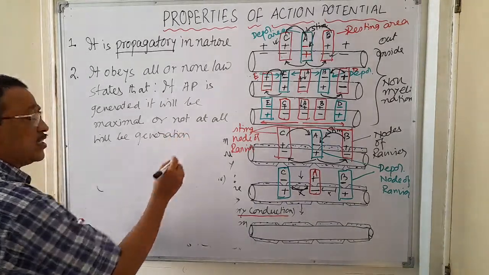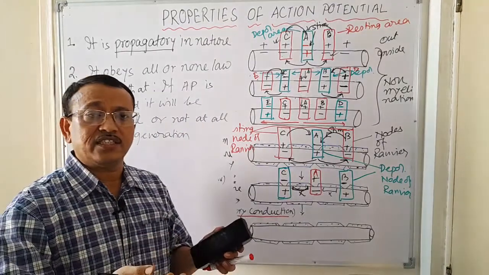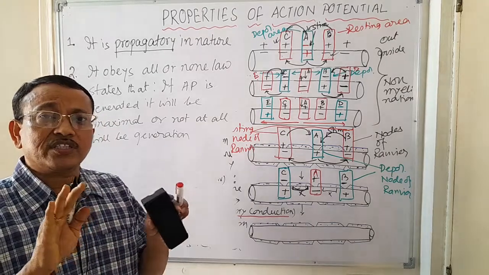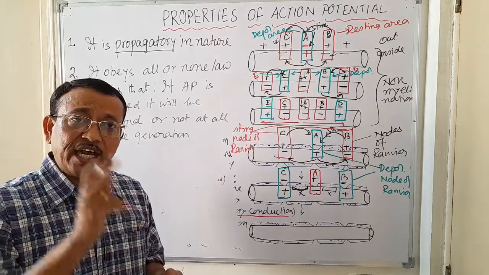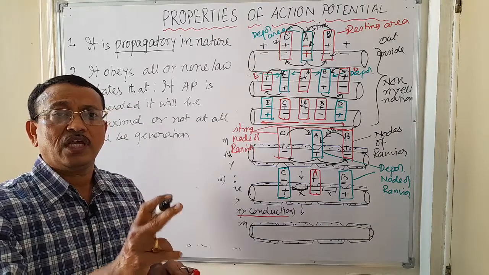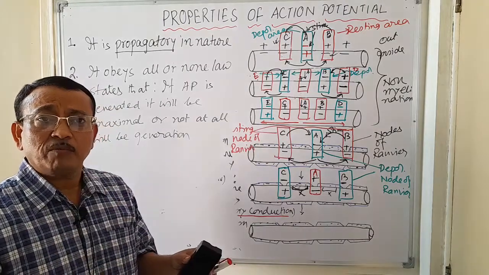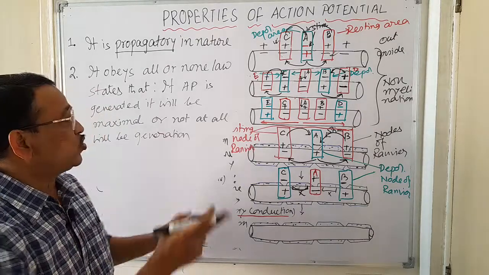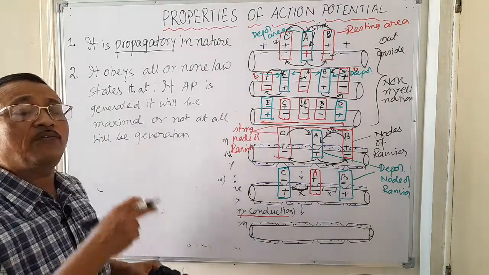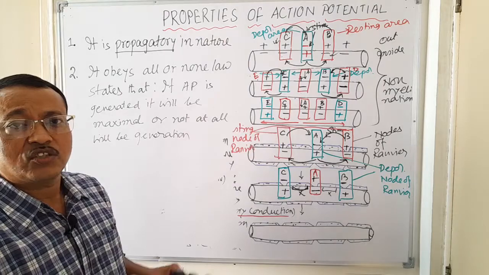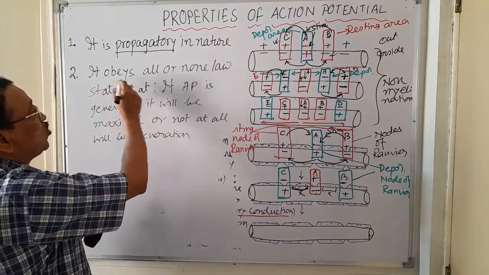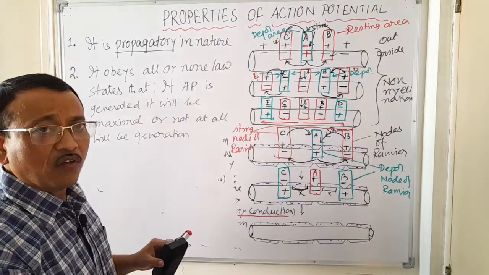So that means if the stimulus intensity is below threshold level, it will not be generated. If it is at threshold level, it will be generated, and that will be maximum. Why maximum? Because if we increase the strength of the stimulus, the magnitude of the action potential will not be further increased. So this is the phenomenon, the property that is known as the all or none law.